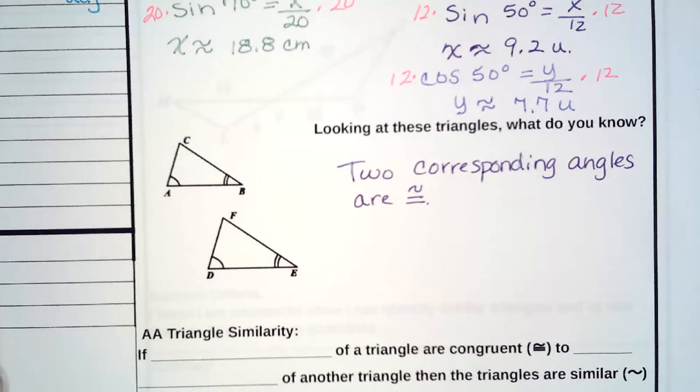Okay, now think even harder. If two of them are congruent, what do we know about the third? Well, the third has to be congruent too.